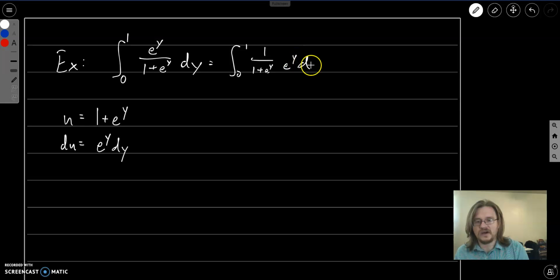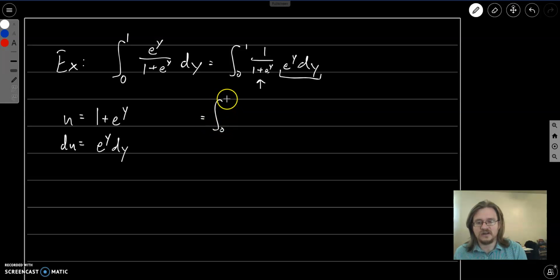This is going to be e to the y dy. And hey, look, I can replace this with a u, so this is going to be the integral of 1 over u, and du here at the back. This is our differential.